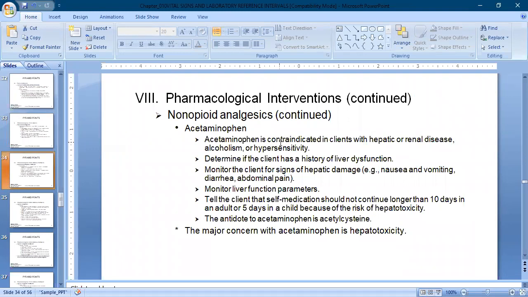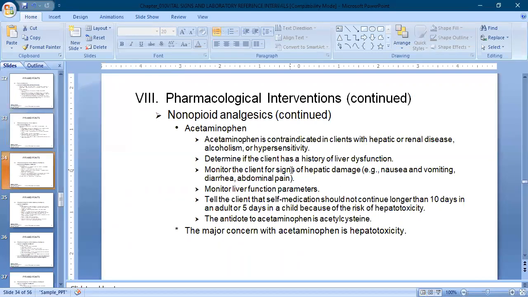Acetaminophen is contraindicated if the patient has liver disease or renal disease, or if the patient has alcoholism. It's not good to give them acetaminophen if they have a hepatic problem, kidney problem, or are alcoholic.